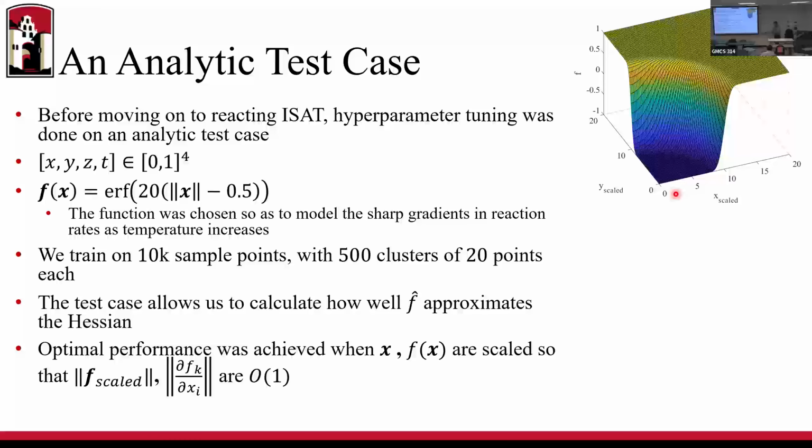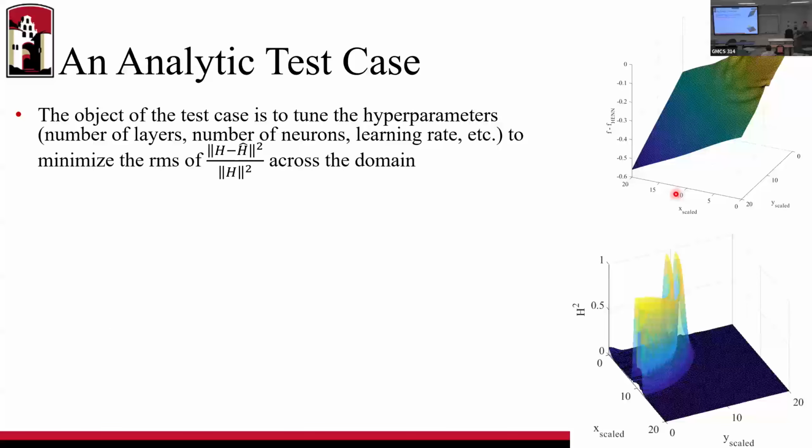It's because I have scaled my input arguments in such a way that with respect to them we have gradients of order about 1. Okay, and particularly this is also the best practice for ISAT.